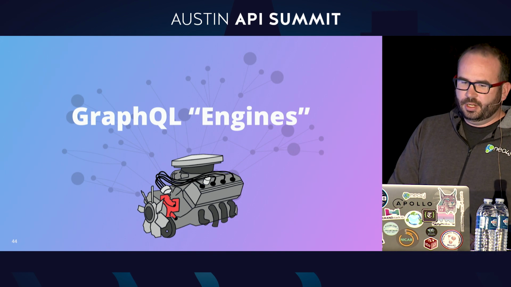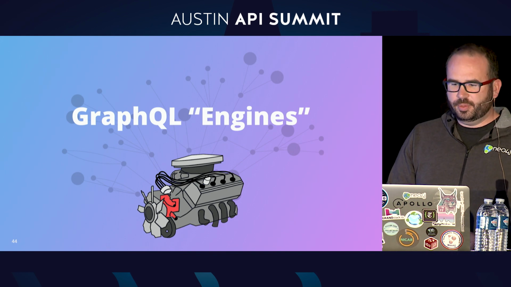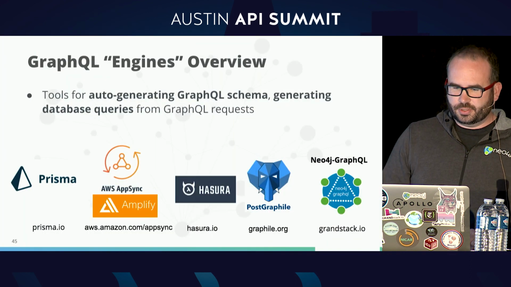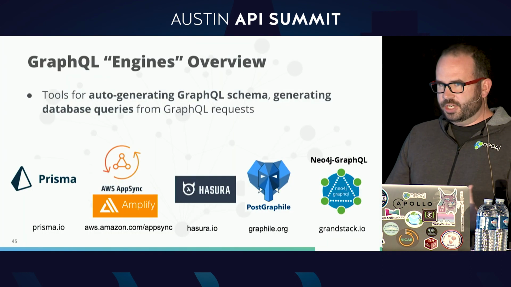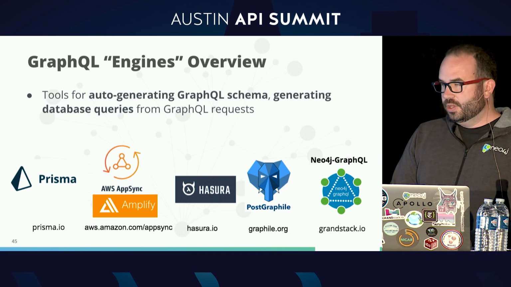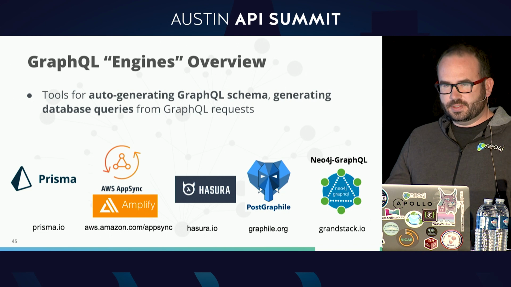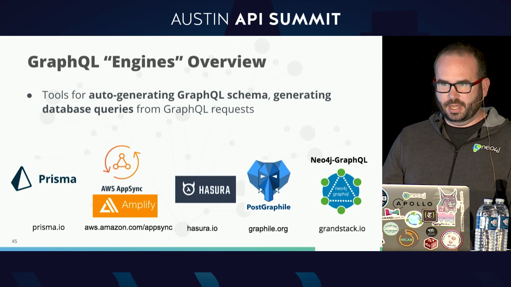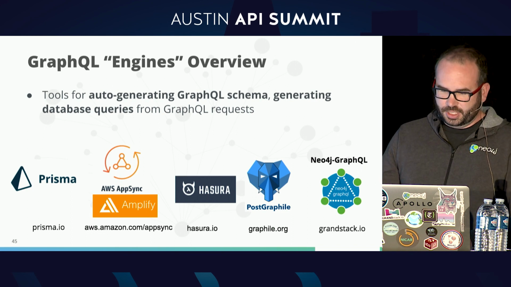So this is where GraphQL engines come in. Engines is maybe not the best term, but these are database integrations for making it easier to work with GraphQL. So there are several of these integrations out there, things like Prisma, AWS AppSync, Hasura, PostGraphile, and the Neo4j GraphQL integration.